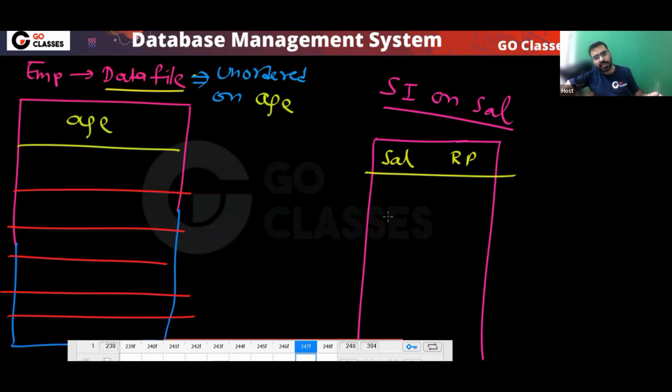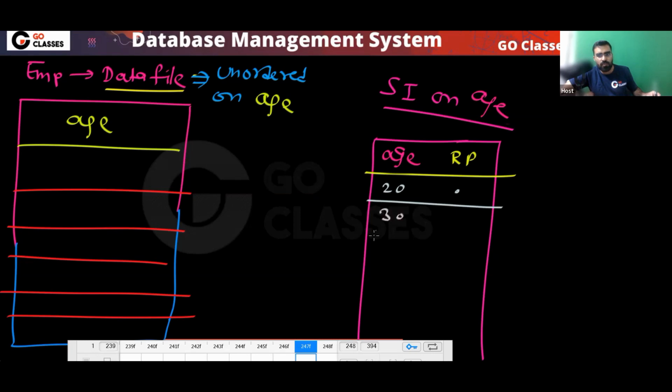You want age greater than 30, and you have a secondary index on age. Now what will happen? This 20 you will skip, you don't care about it.